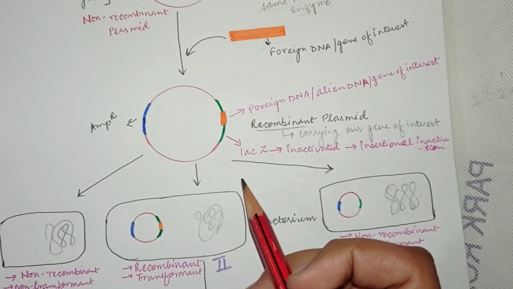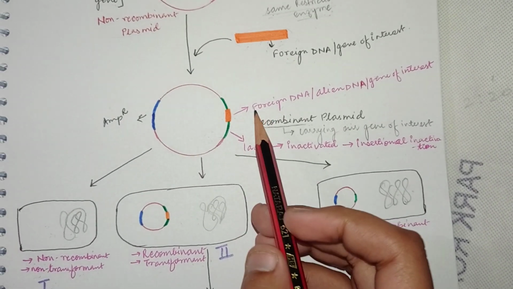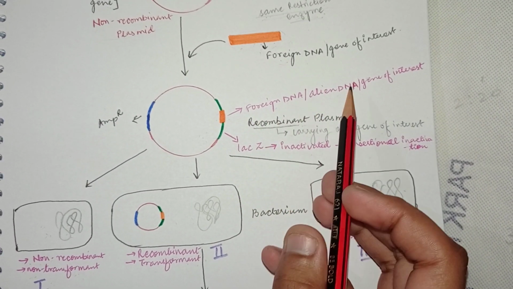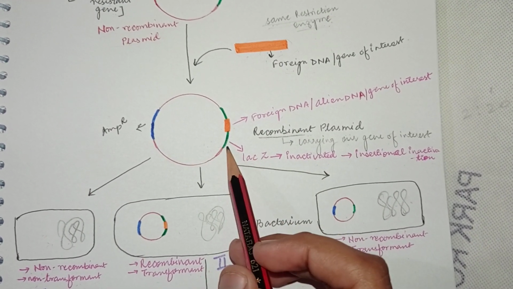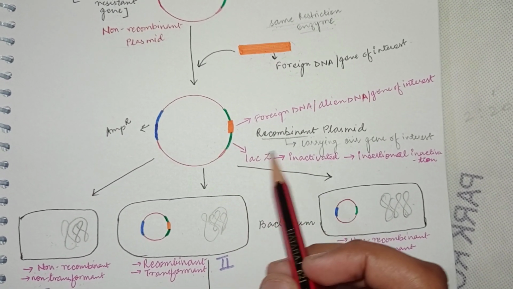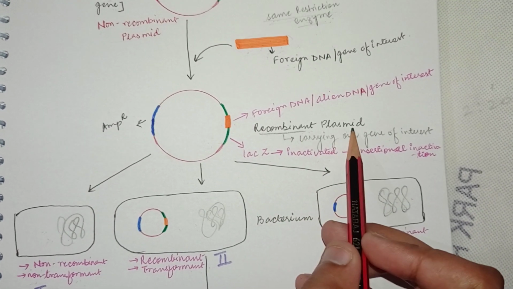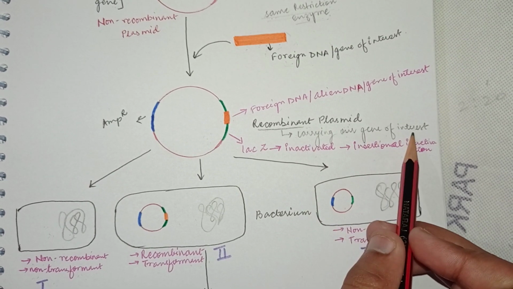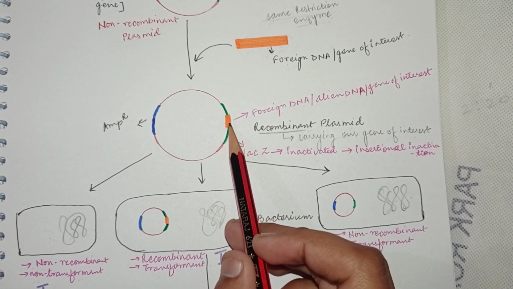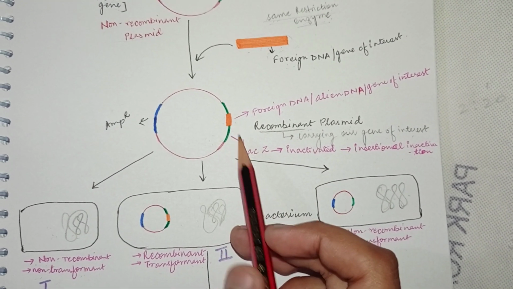So here you can see that our foreign DNA, or alien DNA, or gene of interest has been added in between the lacZ gene. So it becomes a recombinant plasmid. Recombinant means carrying our gene of interest, and this orange color shows our gene of interest.